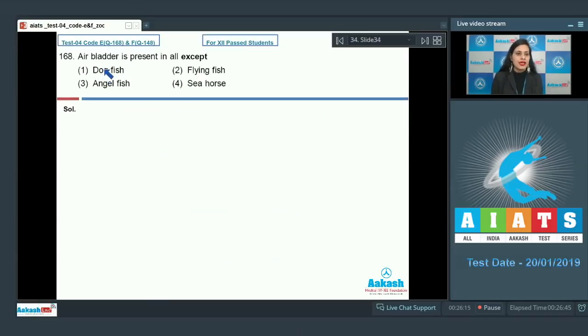Question number 168. Air bladder is present in all except. Air bladder, which is a characteristic feature of bony fishes or animals belonging to the class Osteichthyes. The very first option given is dogfish, which is a common name for Scoliodon.